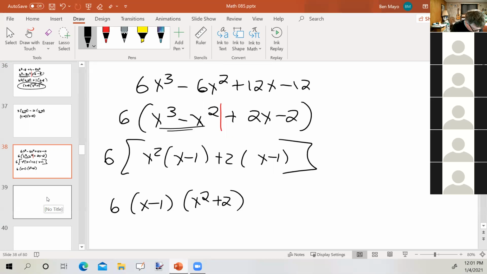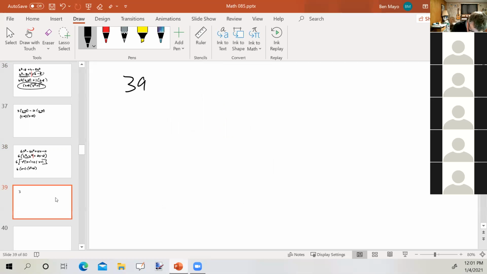How about this one? 39r cubed plus 26r squared. The directions say factor. Well, there's only two terms to start with. We're not going to use factoring by grouping here, but let's see. The greatest common factor, what goes into 39 that also goes into 26? 13.